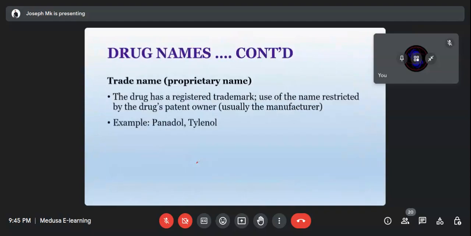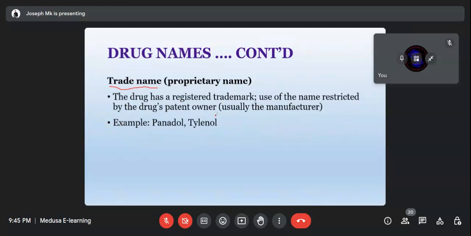So maybe you may read this because I think I've already talked about some of these things. Trade name: you heard me calling it a brand name. It's the same. There is no difference. You can call it trade name, proprietary name, or brand name. They are one and the same thing. The drug has a registered trademark, and use of the name is restricted by the drug's patent owner, usually the manufacturer.